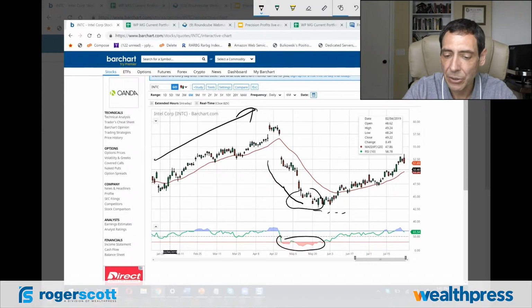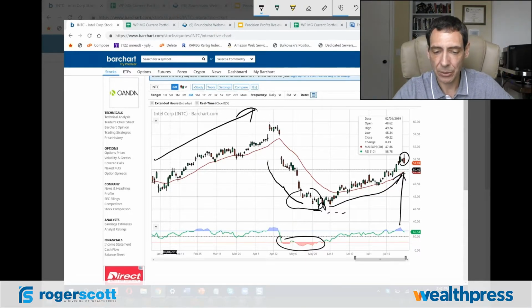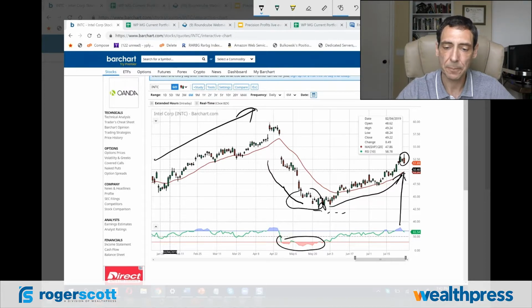And you get in right here, and you ride this all the way up to here. Not bad, right? You enter right around the $43 level, and you ride it all the way to the $52 level. That's like an 18% gain in about 2 months. You enter right around the end of May and you get out around the end of July. So yeah, you held it for about 2 months.